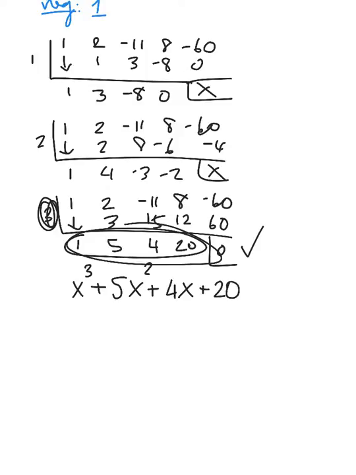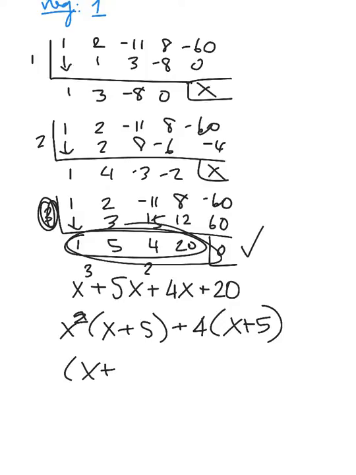All right, so what I would do here is, if possible, I'm going to factor using grouping. From this I can take out the x squared. From here I can take out the 4. And it looks like factoring by grouping does work.